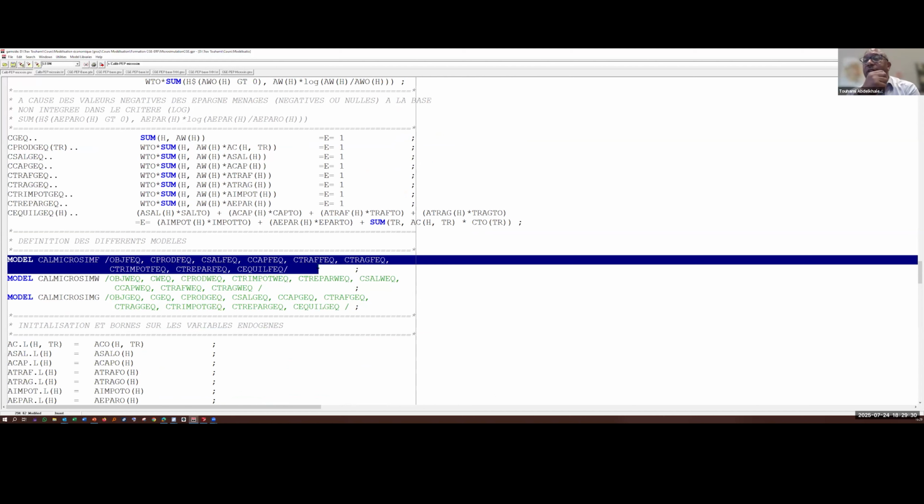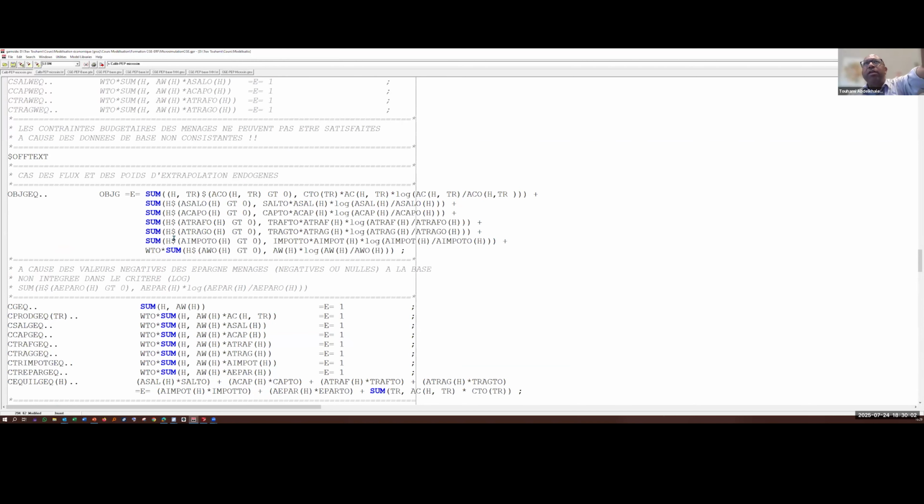In GAMS, at the end of the session yesterday, Shahir told you about solvers. When we have to solve a square model, we can use CNS, etc. Here, we have to optimize. We do not have to solve, we have to minimize the criteria. So we have to use all the equations I have in my model here.